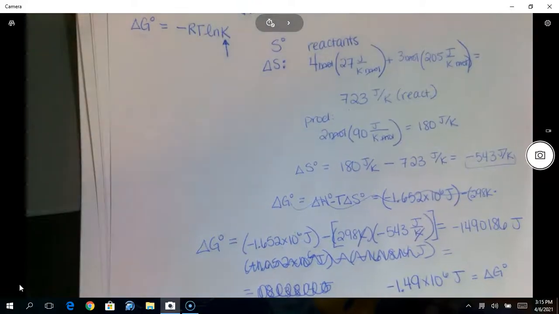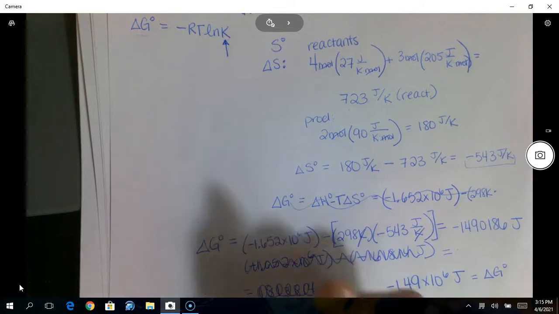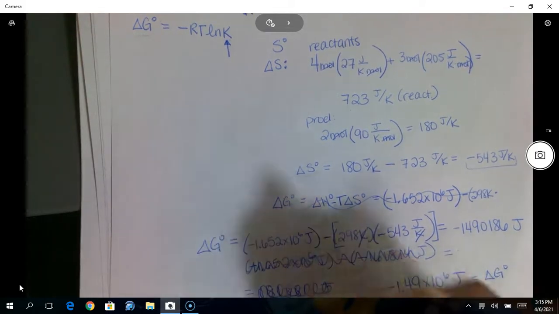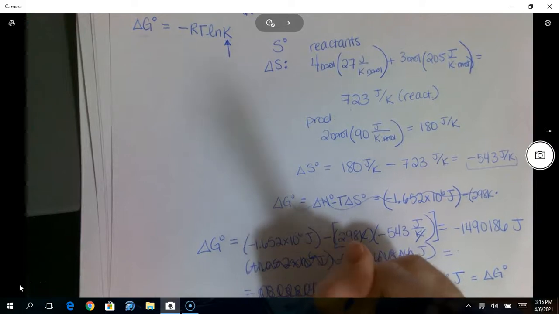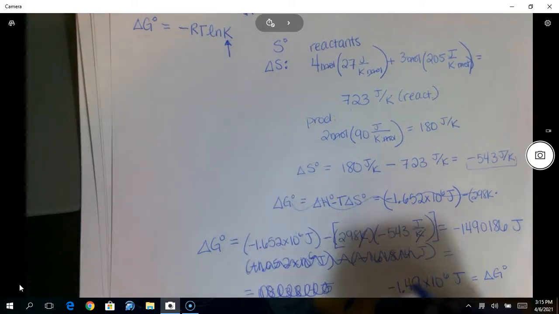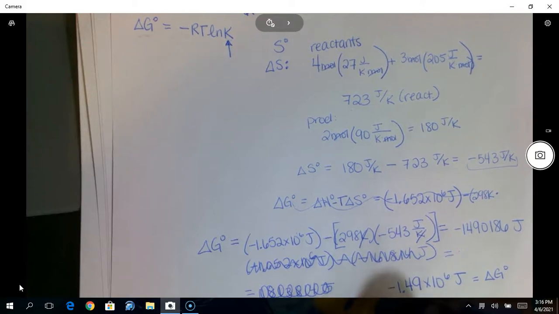We know R, we know T, so ln K is the whole big shebang. We want to solve for ln K. Let's rewrite this then: ln of K equals delta G standard divided by negative RT.